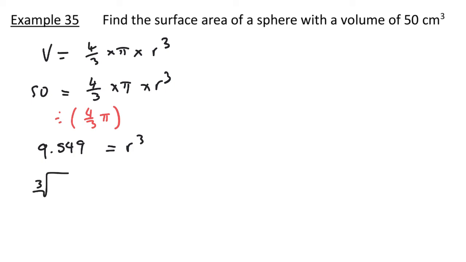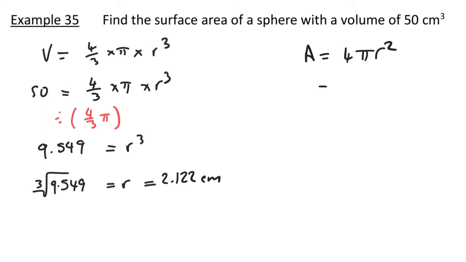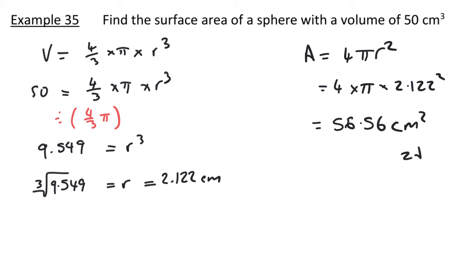And then if we take the cube root of 9.549, we'll get r, and that works out to be 2.122 centimetres. So now we can work out the area, and the area is 4 pi r squared, which is 4 times pi times 2.122 squared, which works out as 56.56 squared centimetres to 2 decimal places.